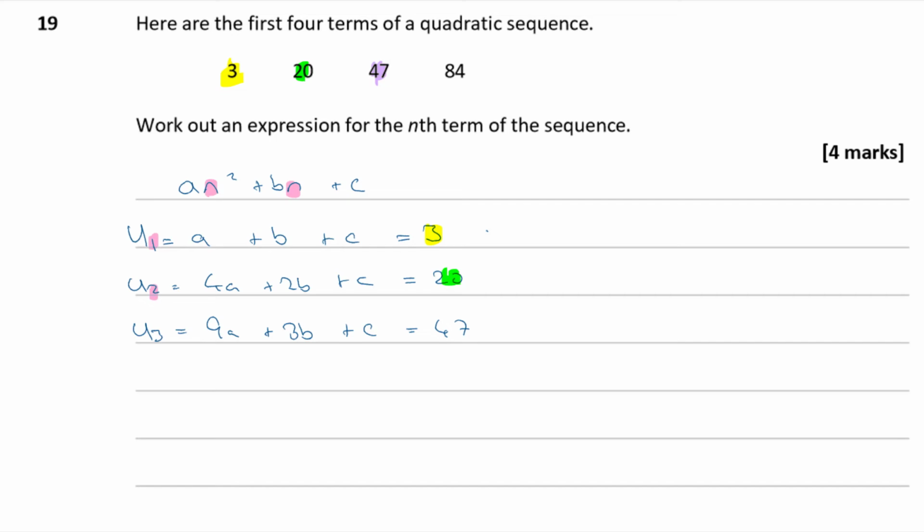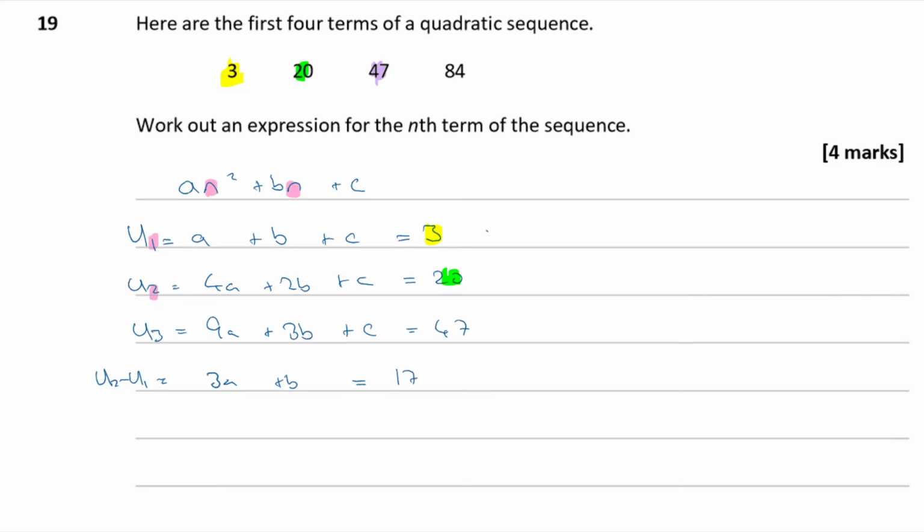So I'm going to do u2 minus u1, and that's going to give me the second equation minus the first one. So 4a take away a is 3a, 2b take away b is b, c take away c cancels, they eliminate, and 20 take away 3 is 17.